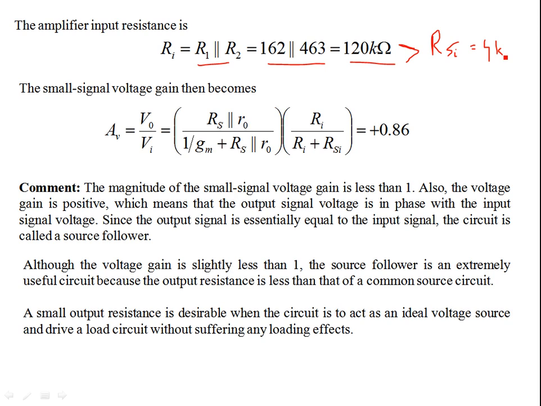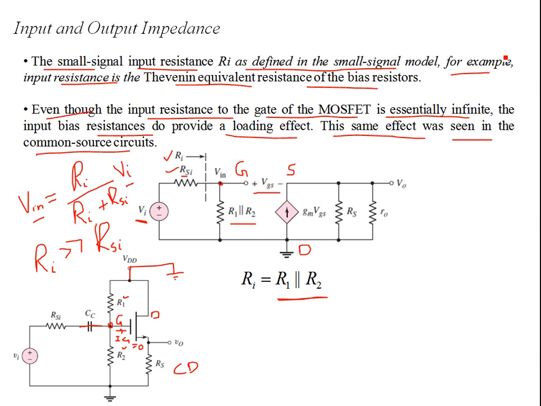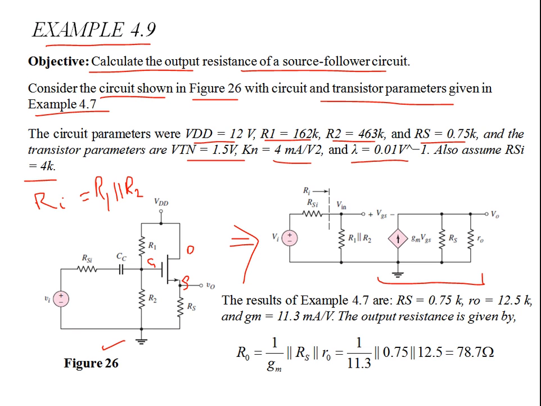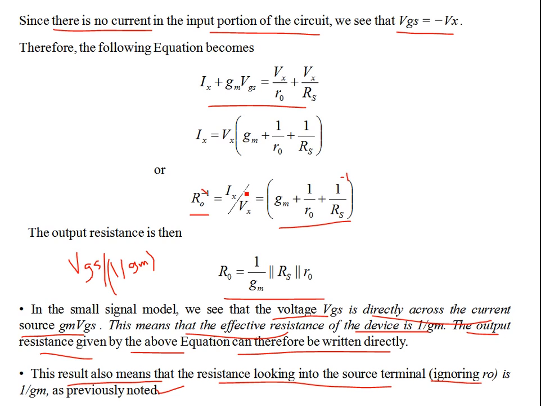So let's see what happens at the output. The output resistance, in terms of all these parameters, with gm evaluated as 11.3: if you evaluate this as 1 over gm, 1 over 11.3, with RS 0.75 kΩ and r0 12.5 kΩ, this comes out to be 78.7 ohms, which is much less than R1 parallel R2, which was about 120 kΩ.